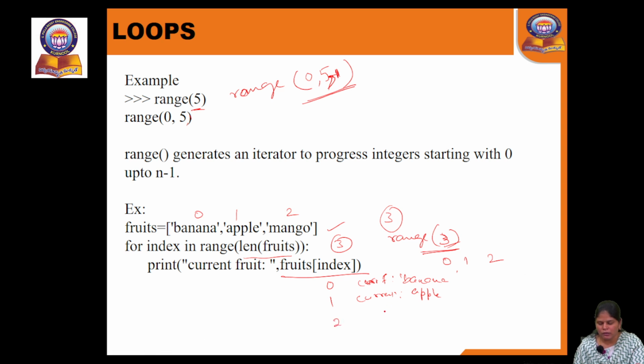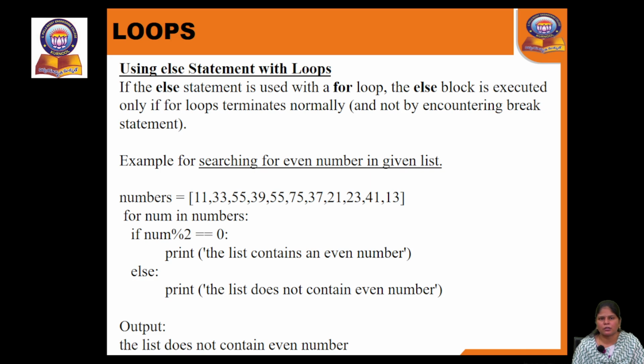Now the index value will be 2, and it will print current fruit, mango. Now what is the last value? 3. So up to 2 it goes. After that it won't increment, it just comes out of the loop, right? So this is how you can use the range function in the loop.